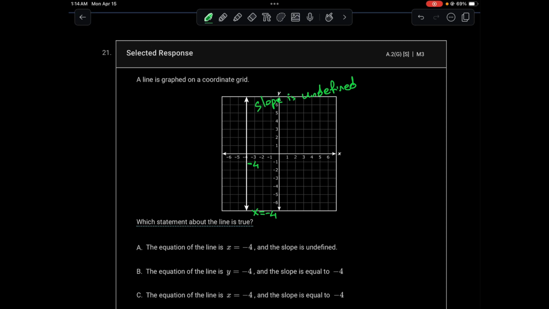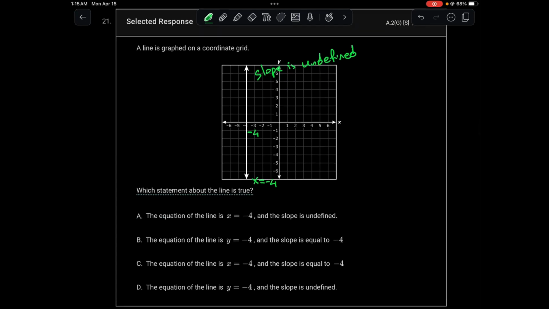It's so steep that it looks infinitely steep, because it goes vertically up, and we can't define that with a number because of the infinity, so that's why it's undefined. That's another reason to think of it.